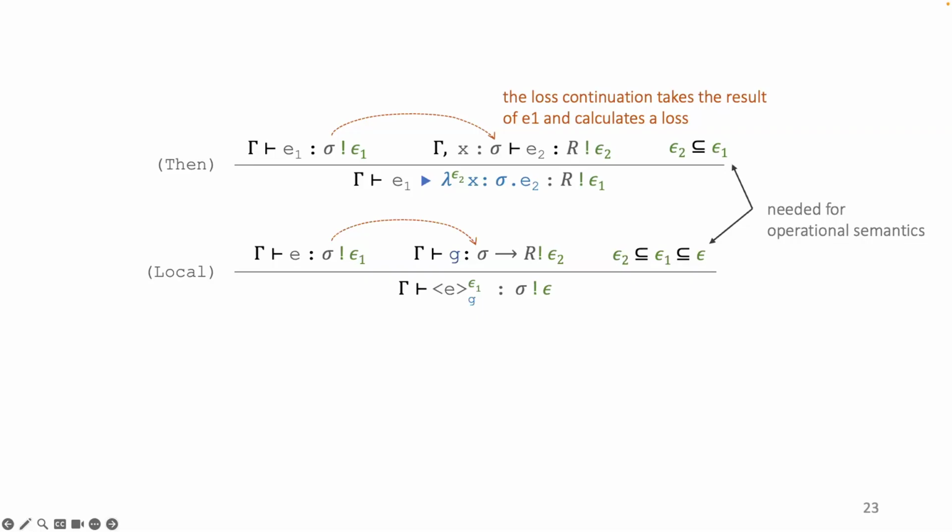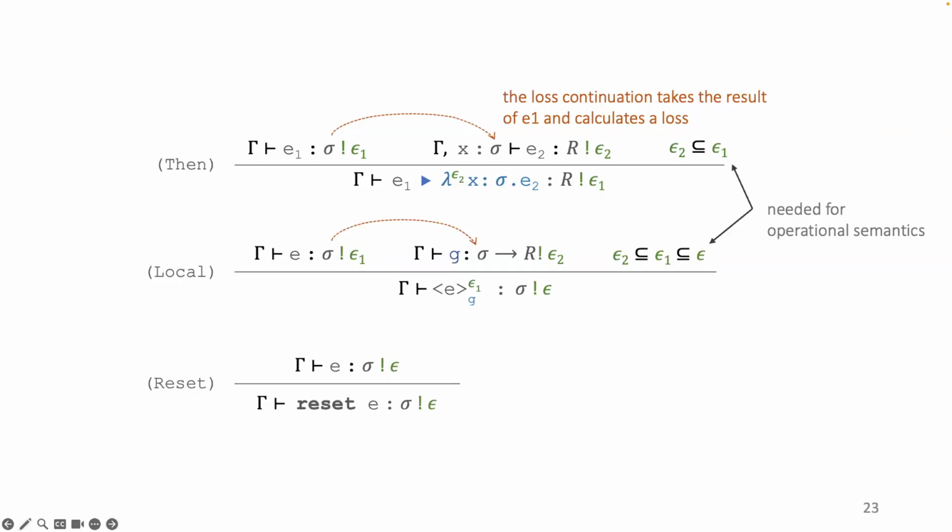So we will not be worrying about effects too much when we talk about operational semantics. This is just to show you this type system exists. We have typing rules corresponding to each language construct we have in the calculus. And our last typing rule is reset. Reset slightly changes the semantics of E, but in terms of typing, it's very trivial.